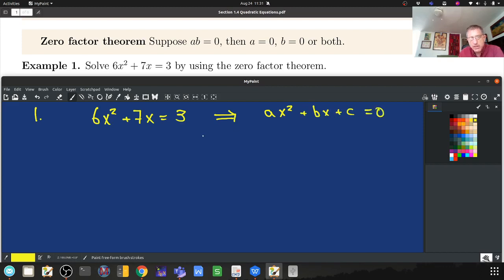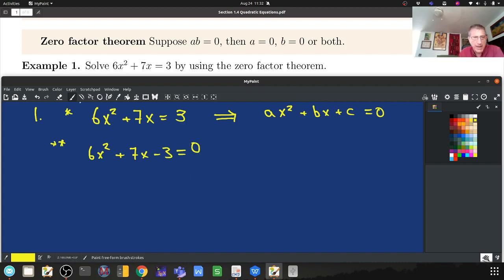And in this case it's going to be pretty easy to convert to that form. I'm just going to move the 3 across the equal sign. Of course, the price we pay for that is the sign on the 3 changes from positive to negative. So this equation here and this equation here are equivalent equations.